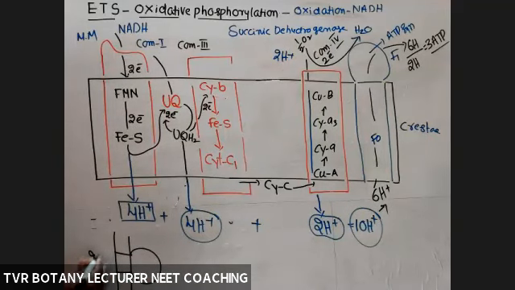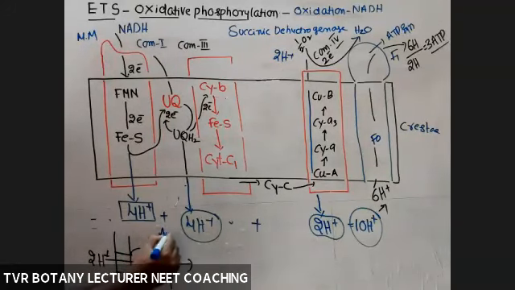If 2H+ are transported through F0 and F1, what about the number of ATP molecules produced? One ATP molecule, given or not? Take that one as the standard: ADP plus one molecule of inorganic phosphate.